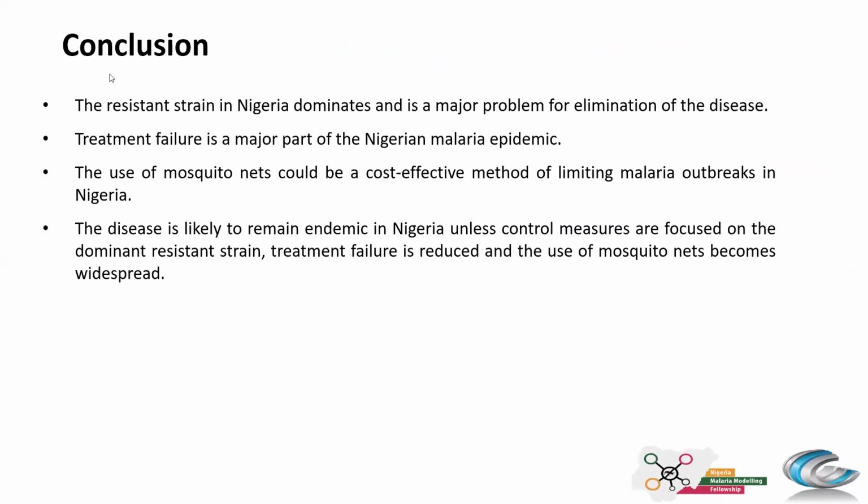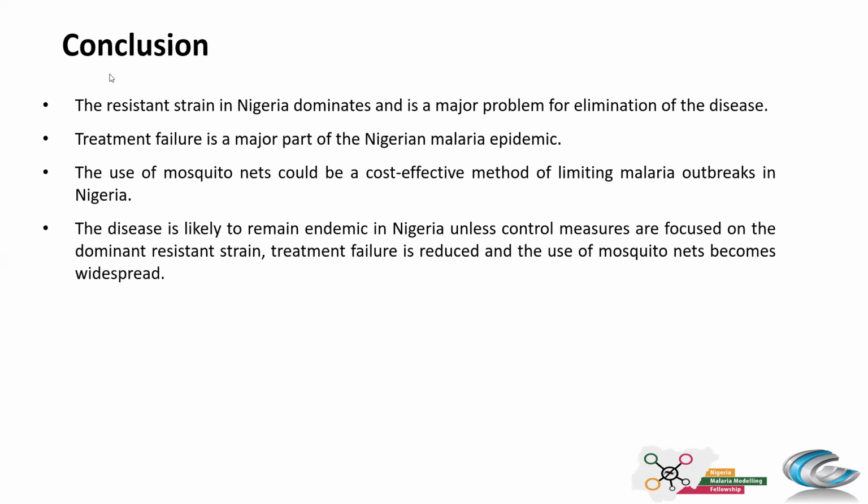So what are the takeaways from this study? We are seeing that the resistant strain of malaria is actually the dominant strain and is a major problem in the journey towards the elimination of malaria. Then, in addition, treatment failure is also a major part of the Nigerian problem of malaria.